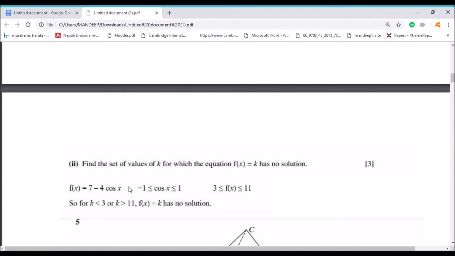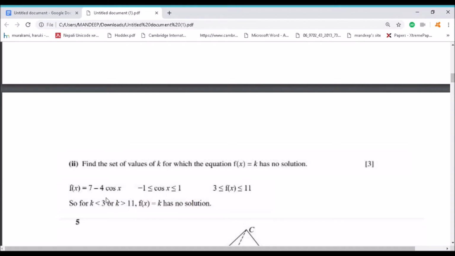So first we replace cos x by minus 1, which is going to be 7 minus 4 times minus 1, which is 11, and we again replace by 1, so it is 7 minus 4, which is 3.